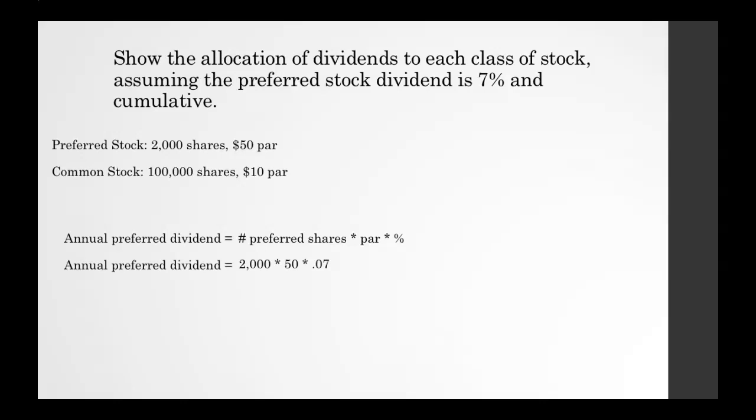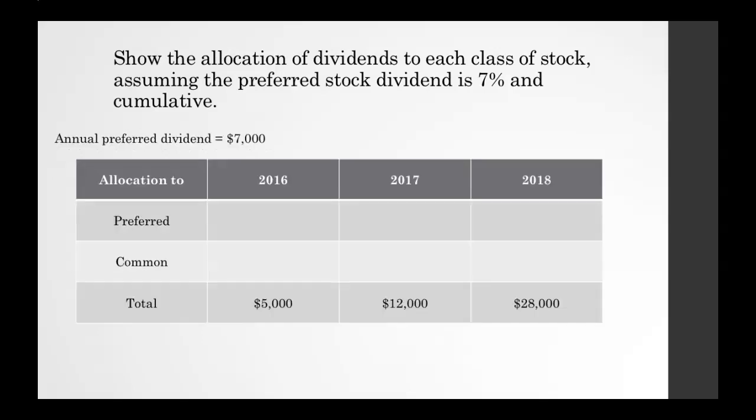So 2,000 shares times $50 par value times 7% or 0.07, and we see that every single year preferred shareholders should receive $7,000 in a cash dividend. We'll keep that in mind as we now deal with the allocation of this dividend.